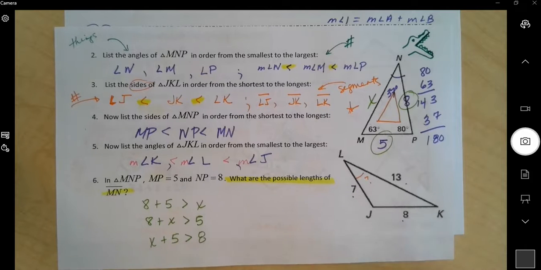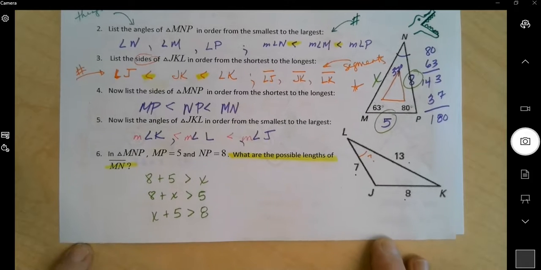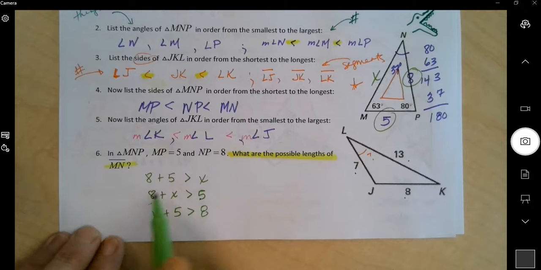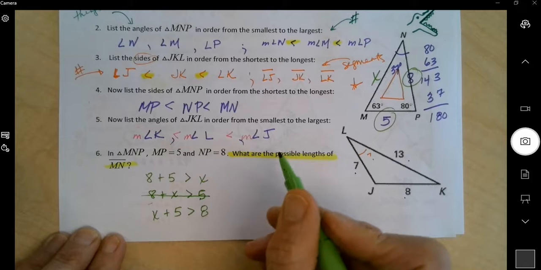Now, when I write these inequalities, let me ask you, which one of these inequalities makes no sense? Yeah, because isn't 8 already bigger than 5? So we can typically cross one of these out.